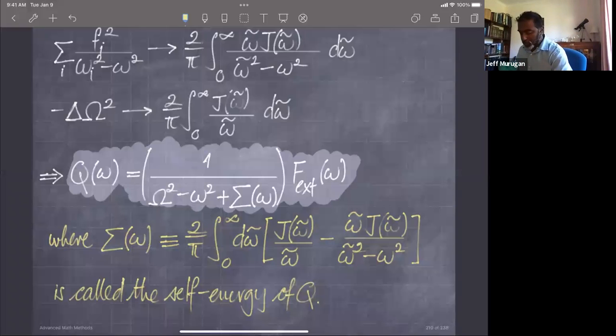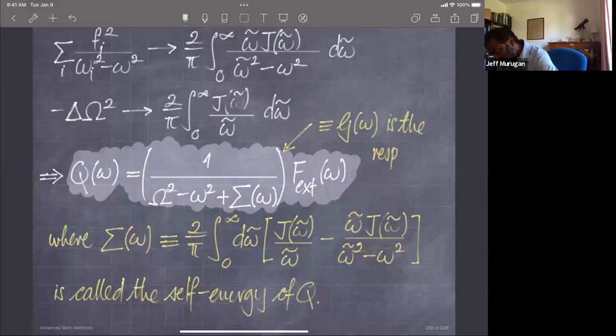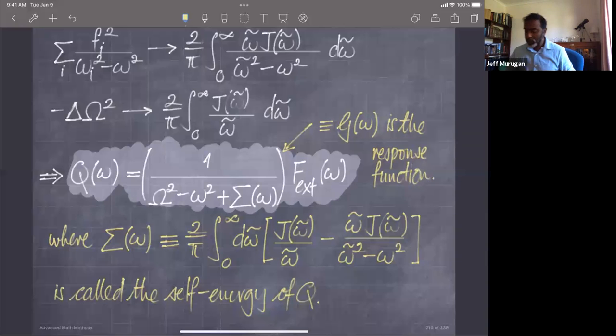The associated function, 1 over omega squared minus omega squared plus sigma of omega, is usually called in the literature G of omega. And this is the response function. Again, a historical term that derives from the original application of these ideas to high energy physics.